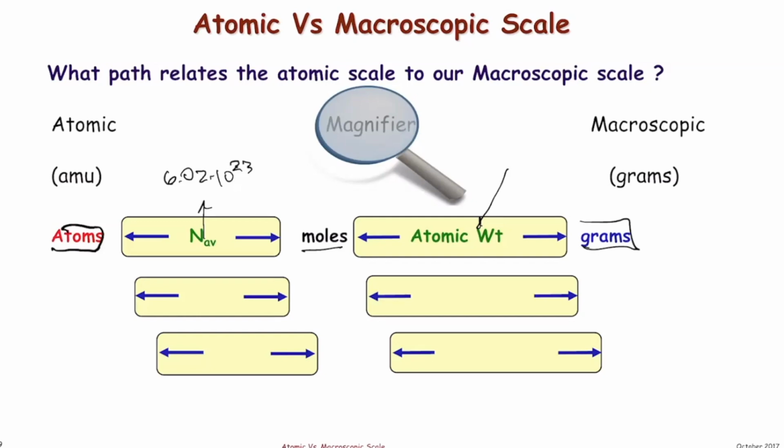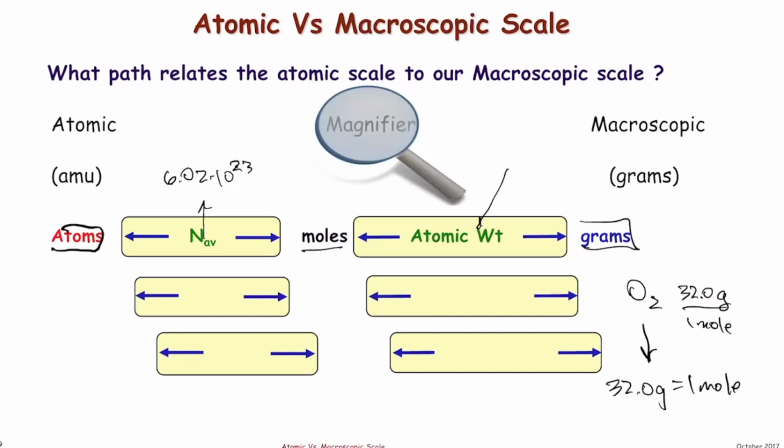So we say for oxygen, the molar mass is 32.0 grams per 1 mole. We can say that 32 grams equals 1 mole for the oxygen molecule.